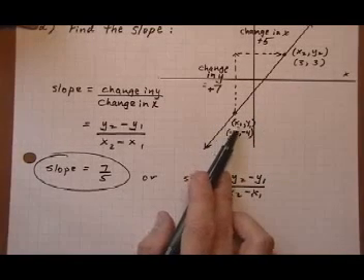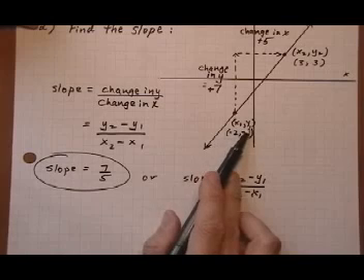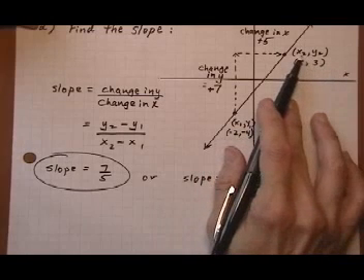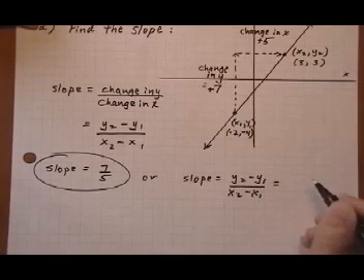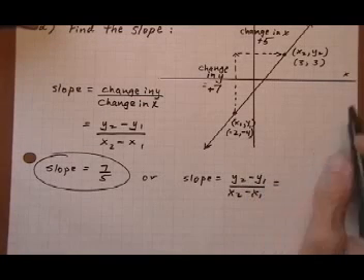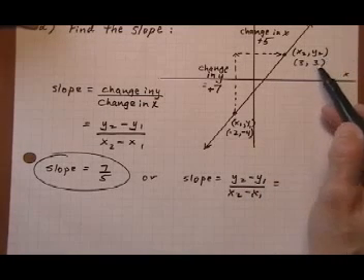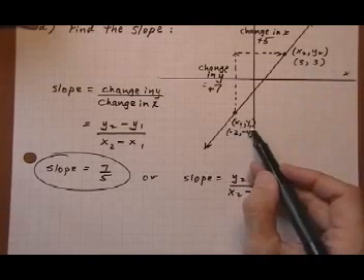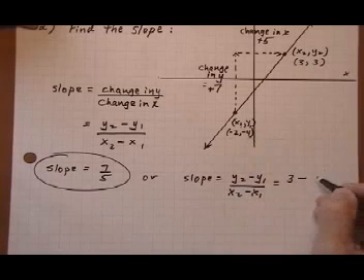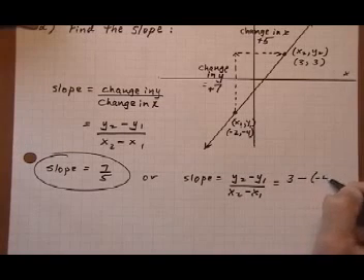So x and y for point 1, and for point 2, x and y are both called number 2. So we plug those values in: y2, the height or y position of the second point, is 3. Take away y1, the height or y position of the first point, which is -4. Watch the double negative.